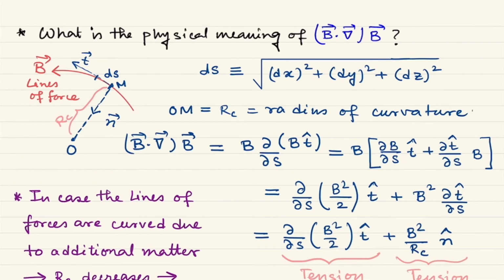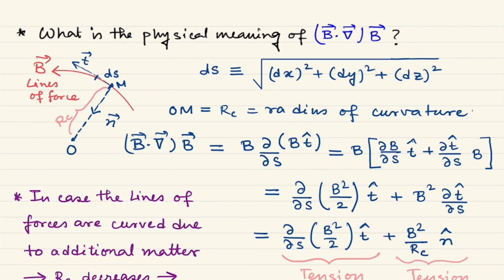Okay, so if, for example, the magnetic field intensity increases, then this tension will be increasing, and thereby making a force so that the magnetic lines of force are well tied, just like a cord under a tension. And this one is much more interesting.